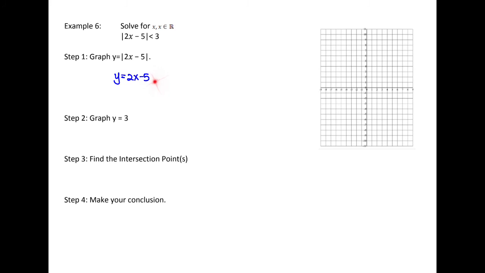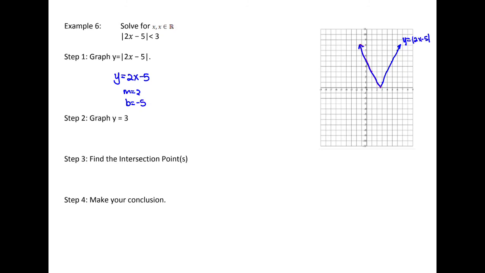From this linear relation, we know the slope is 2 and the y-intercept is -5, so we can graph the line. Then, from the invariant point, we flip all the negative y values to become positive y values. Then we have the pink line. After that, let's erase all the negative blue line. Now it becomes our absolute function, |2x minus 5|.